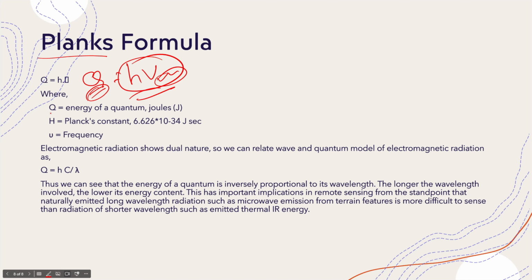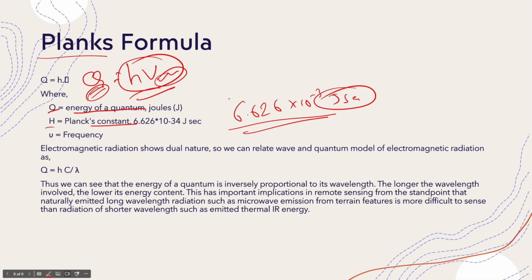Q is the energy of the quantum, h is Planck's constant, 6.626 × 10^-34 joule second, which is the smallest unit in this universe, and v is the frequency.